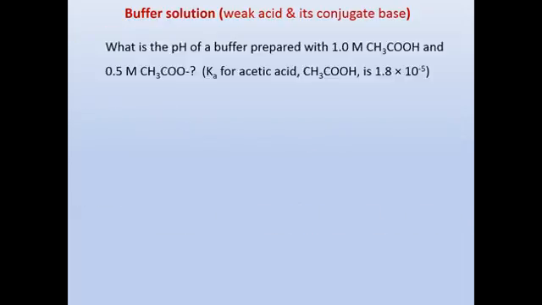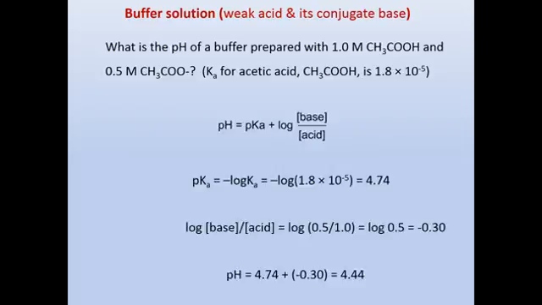We'll go through an example of how to calculate the pH of a buffer system. I would suggest that whenever you get a question that has buffer in it, you use this formula here, the Henderson-Hasselbalch equation. We've got pH equals the pKa plus the log of the base over the acid.